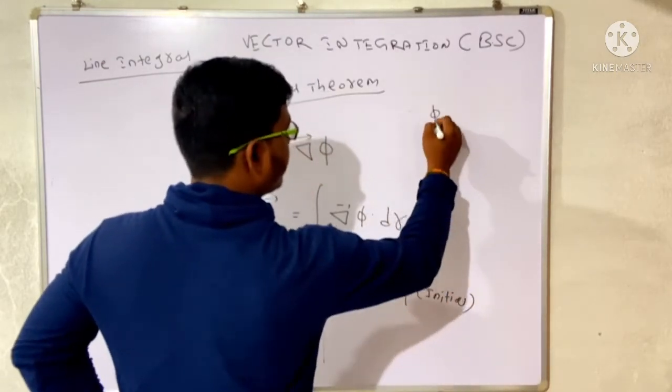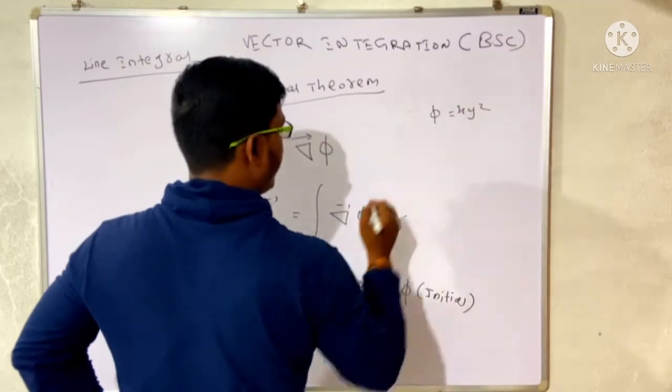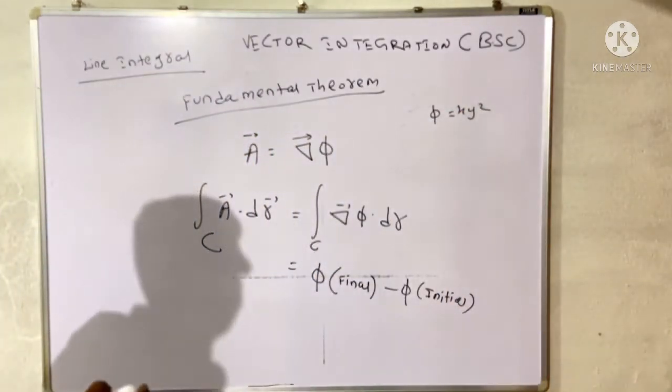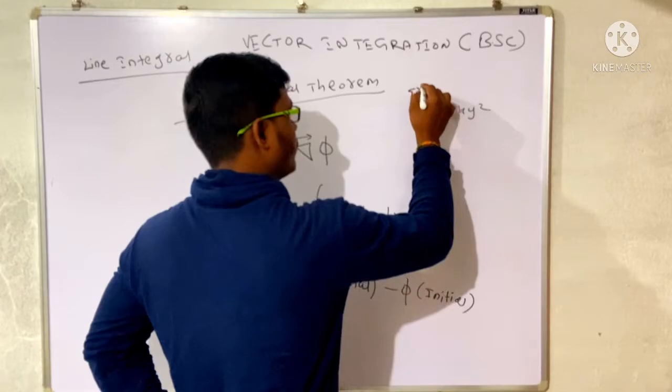Like your phi is given as x y square. Okay, so use this example also.